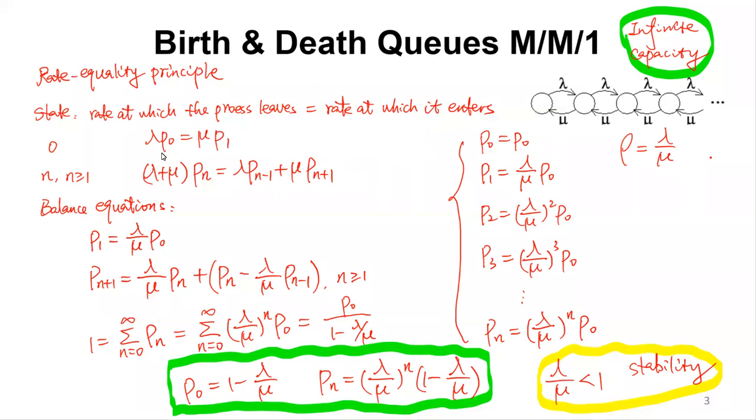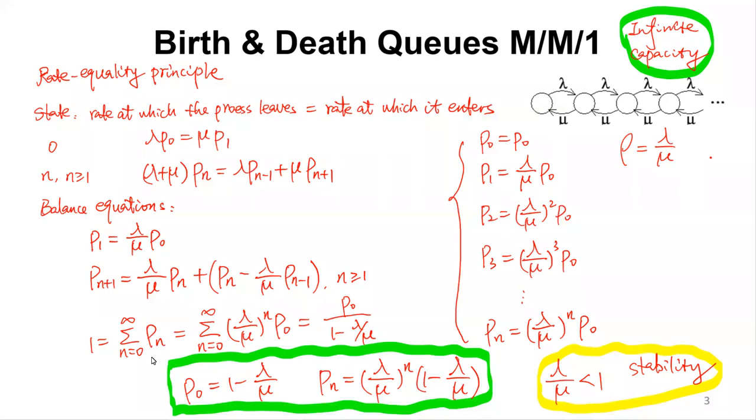If we write all the equations for all the n, we will have a series of balance equations. If we move mu to the other side, we have p1 equals lambda over mu p0, and p(n+1) equals (lambda over mu) pn plus pn minus (lambda over mu) p(n-1), for all n greater than or equal to 1.